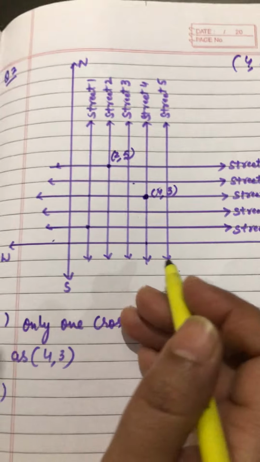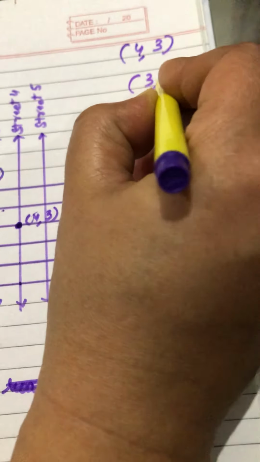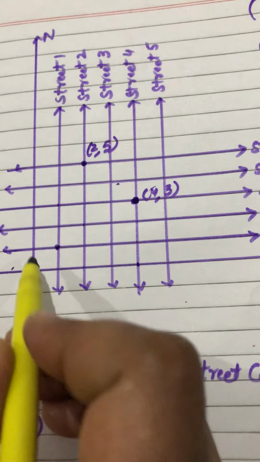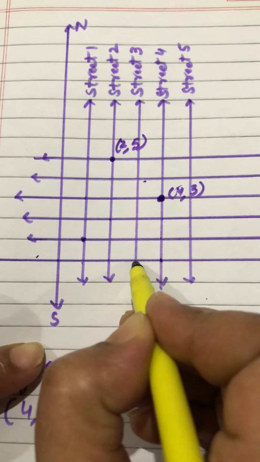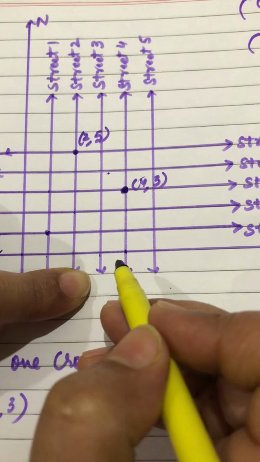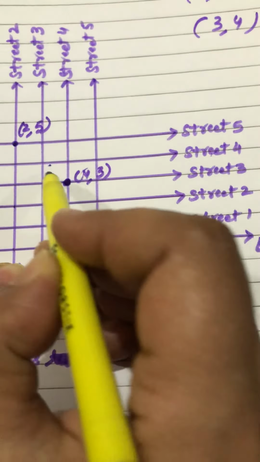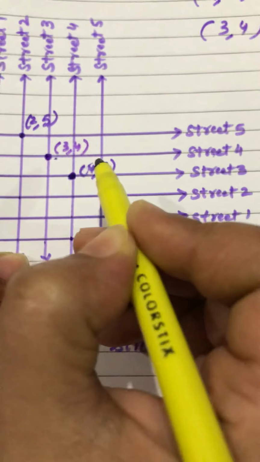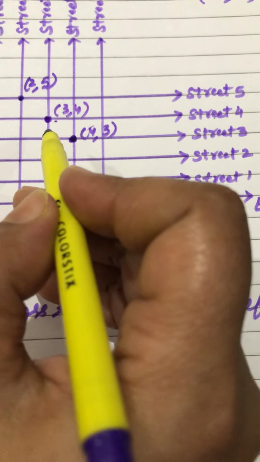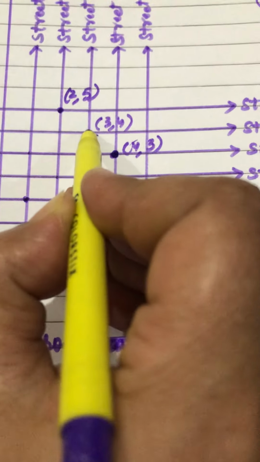Now let us see where 3, 4 is. 3, 4 means the third street of the north-south direction. This is the north-south direction, and 1, 2, 3. This is the third street of the north-south direction, and the fourth street of the west-east direction will meet. They'll meet here. So this is 3, 4. Now again we have to tell how many cross streets can be referred to as 3, 4.